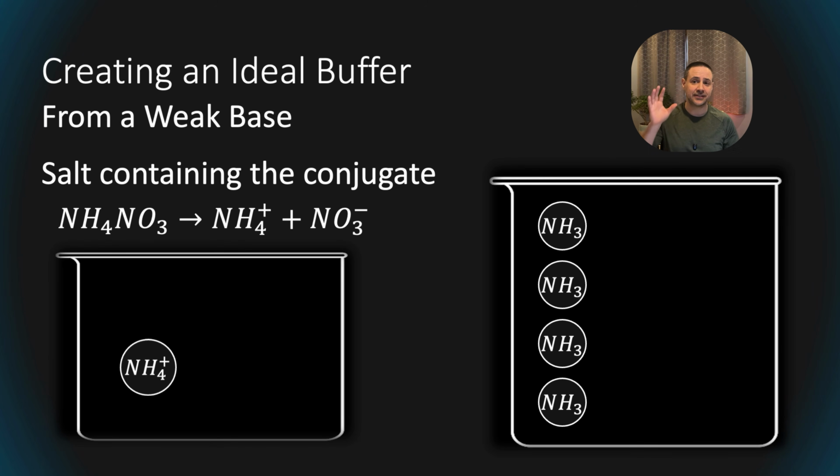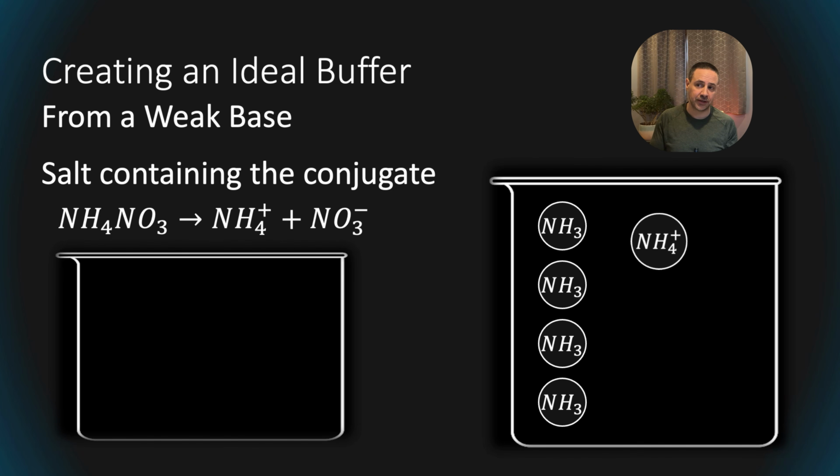What this means is that NH4NO3, when dissolved in solution, effectively produces NH4+, the conjugate acid to the NH3. That's what a salt containing the conjugate does, it fully dissolves, giving you nothing but the conjugate and a spectator.